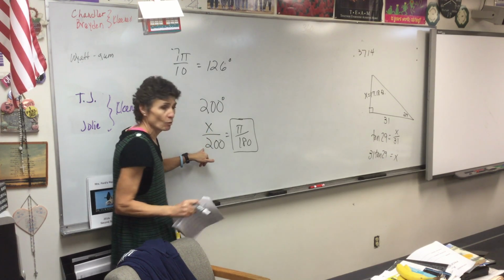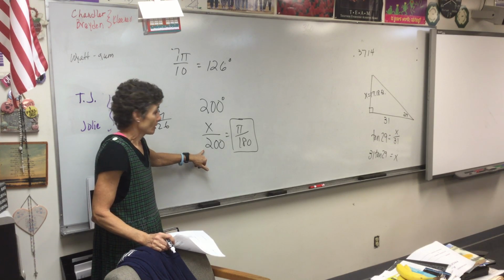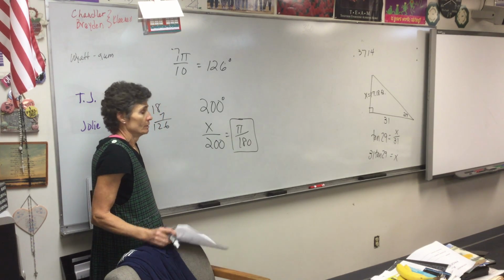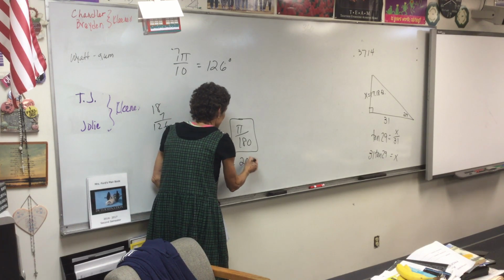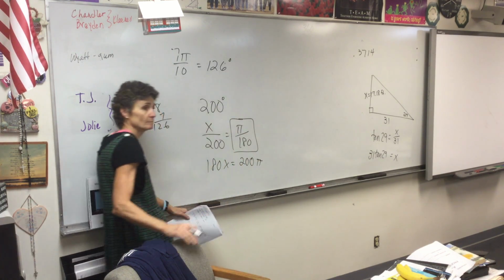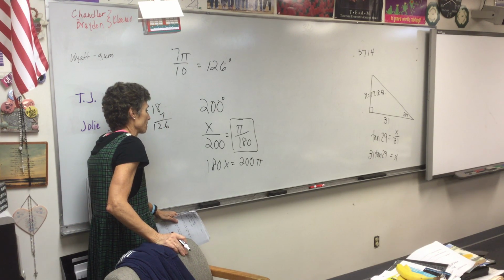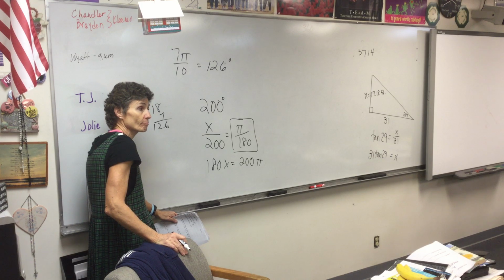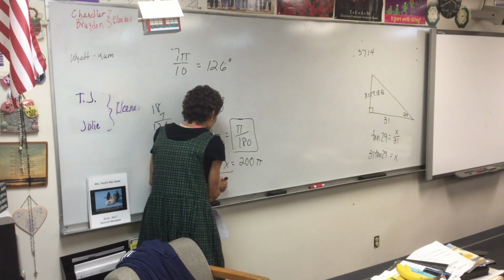Then we have x over our angle. All right, so what do I do? Cross multiply. 180x equals 200 pi. And then divide by 180.